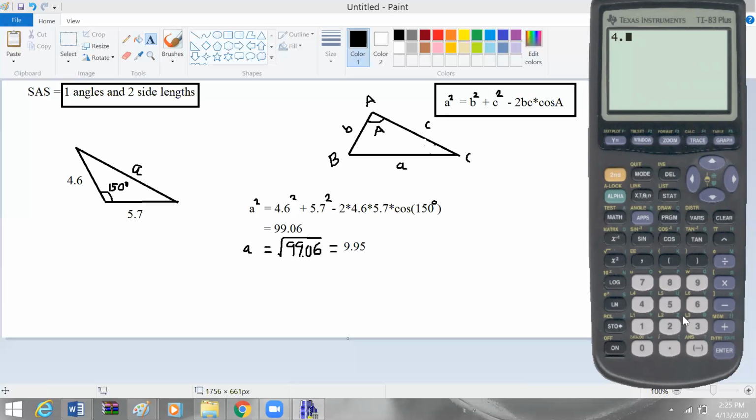So that'll be 4.6 squared plus 5.7 squared minus 2 times 4.6 times 5.7 times cosine of 150 times pi, because we basically convert them to radians. So I need to multiply by second and pi, and hit the second again. You can see a little pi on top of it, and divide it by 180, and so we should be able to get the same thing.